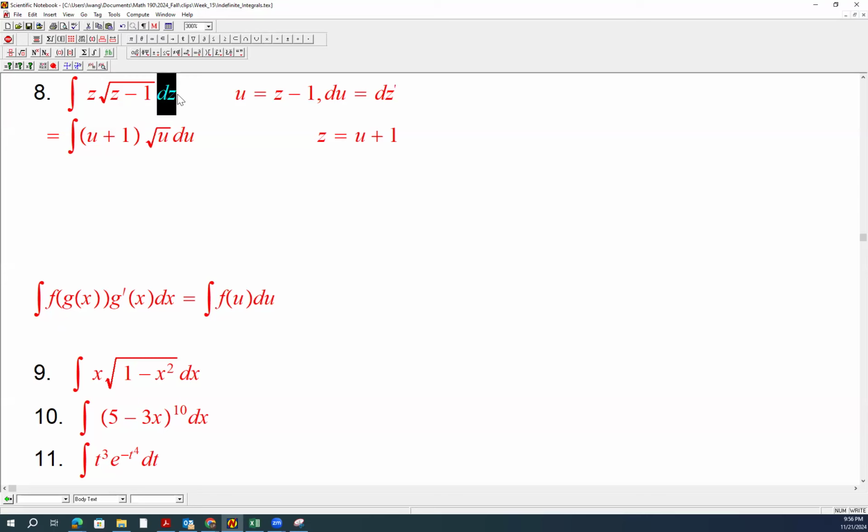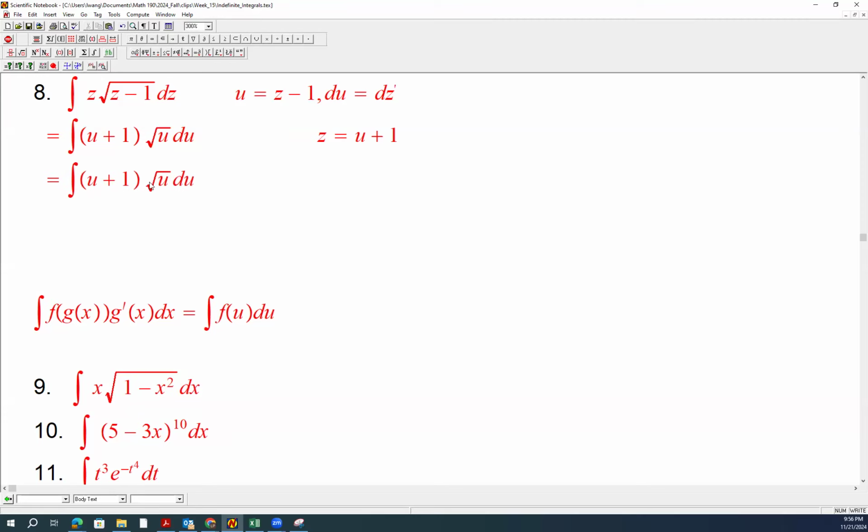We've done the substitution, dz, du, root u, and u plus 1. So this way, we can find the antiderivative now by multiplying u with root u, basically distribute.